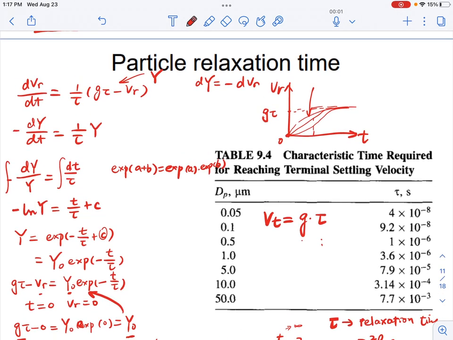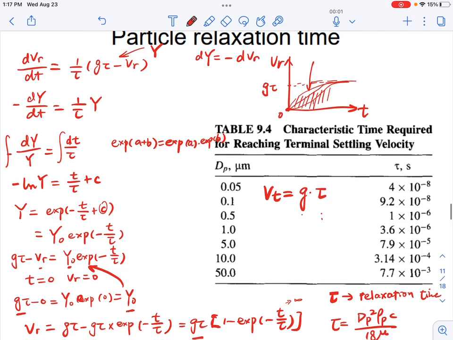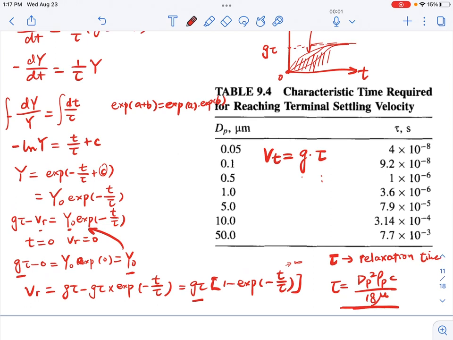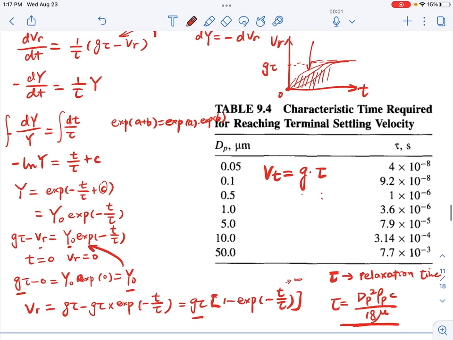As we discussed, this relaxation time really determines what's happening in the initial time for the particle to reach its final velocity. If you directly look at this equation, the relaxation time is a strong function of particle size. The smaller the particle size, the shorter the relaxation time.